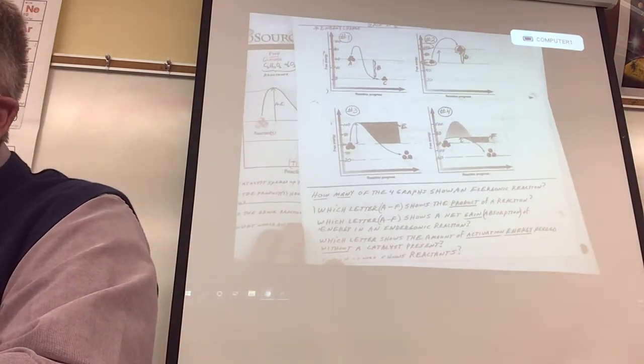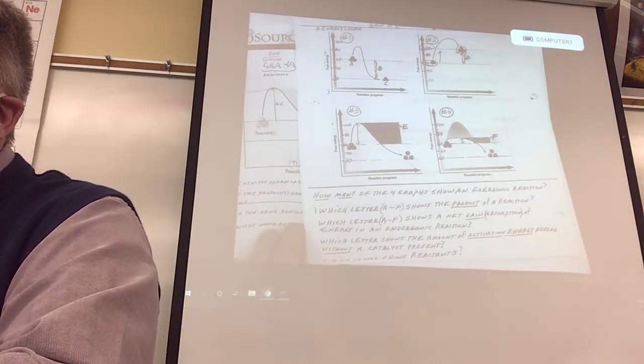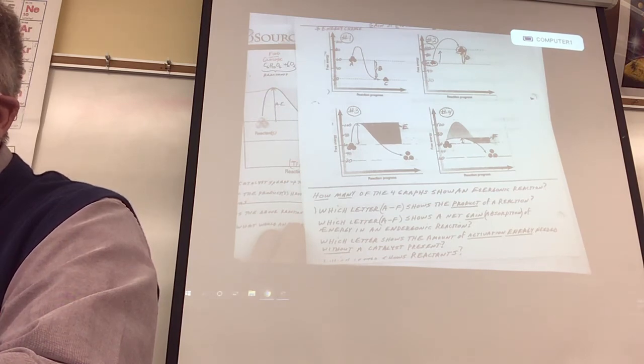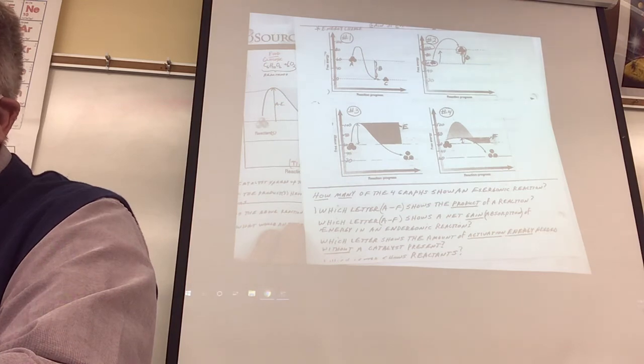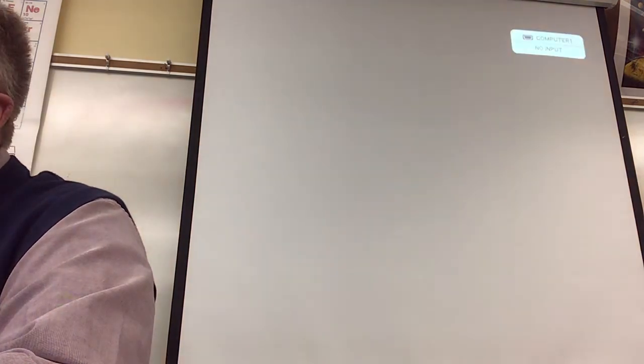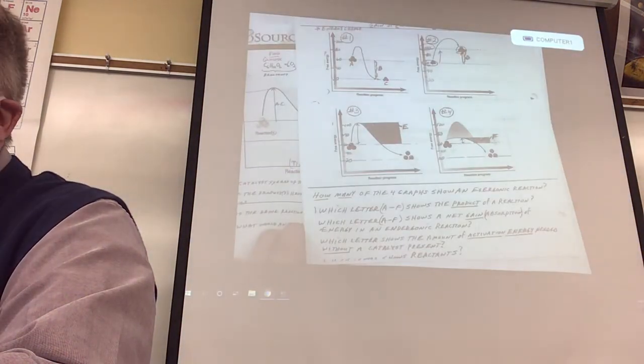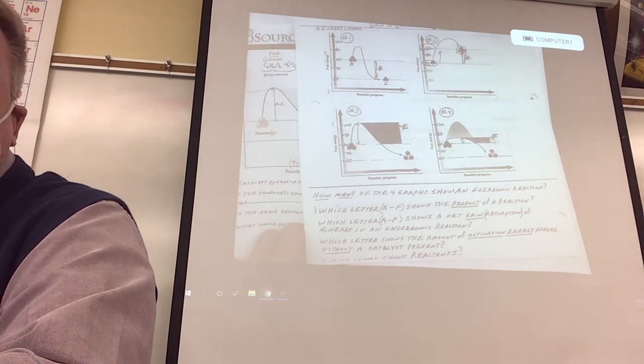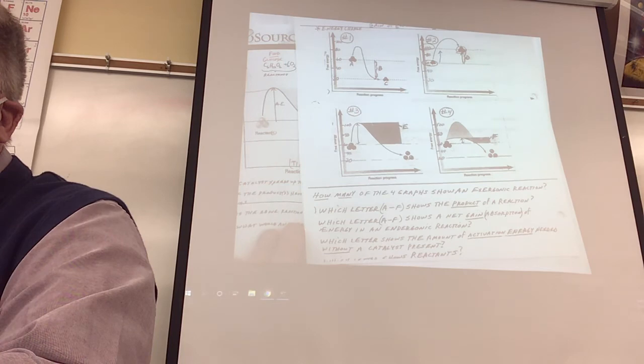Next, number 2. Which letter, A through F, shows the net gain or the absorption of energy in an endergonic or endothermic reaction? Which letter shows the net gain in energy? Think about it. It has to be an endothermic reaction, though. How many of the graphs are exothermic? Three.